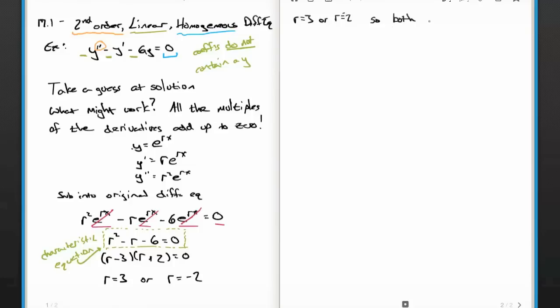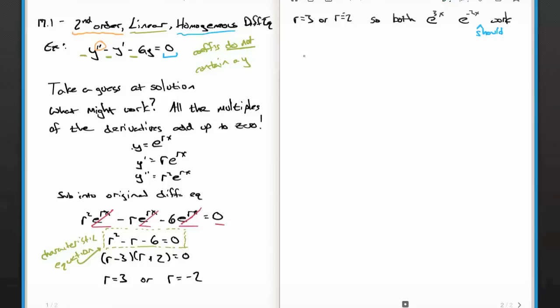So e to the 3x should work, and e to the negative 2x should work. Let's make a note there that both those should work. So let's check.